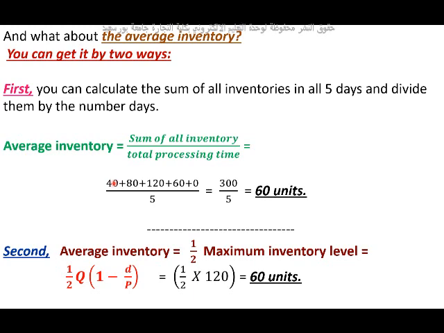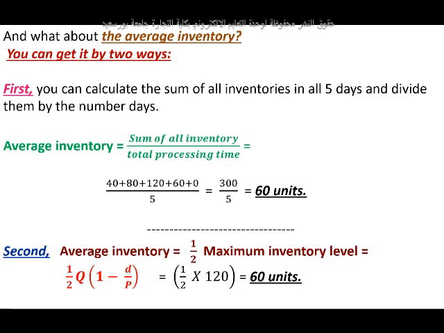Another point, the average inventory. We can calculate average inventory as half of maximum inventory. Maximum inventory we calculated as 120, and half of this will be 60.